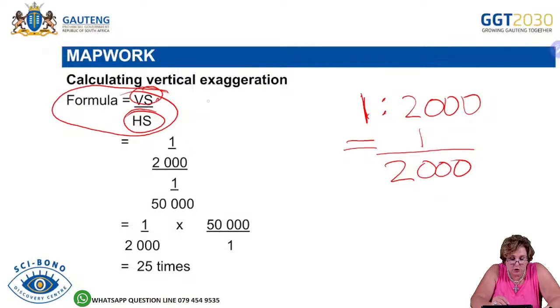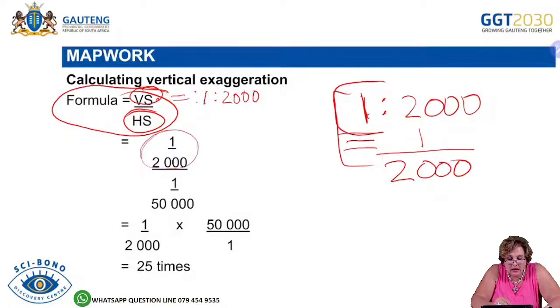So I took that vertical scale, which was 1 to 2,000, and I've made it a fraction. I've put the one on top of the 2,000. Now that dividing line must still be there. So I have 1 over 2,000 divided by 1 over 50,000.